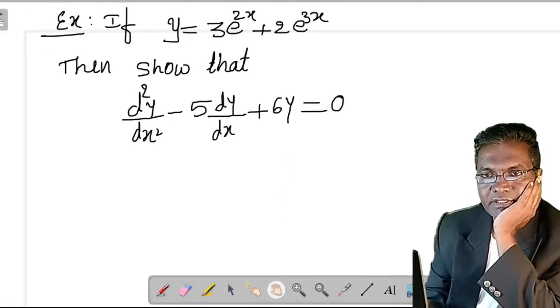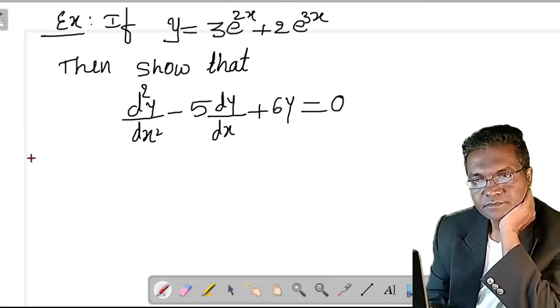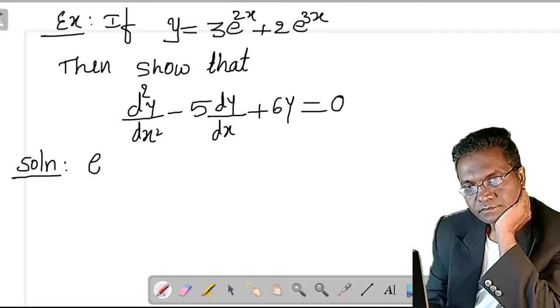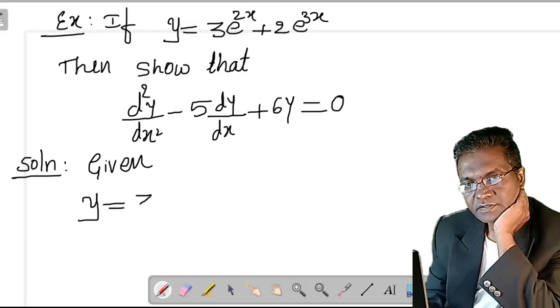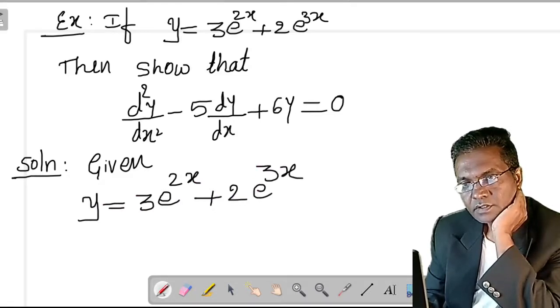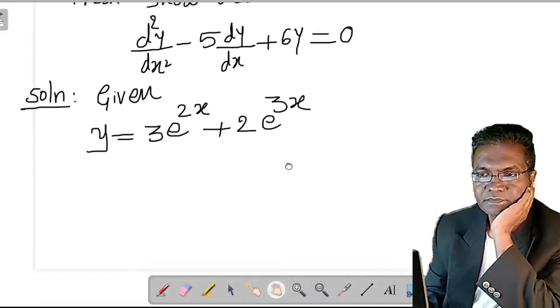Okay, so write the given. Y is 3 e power 2x plus 2 e power 3x.